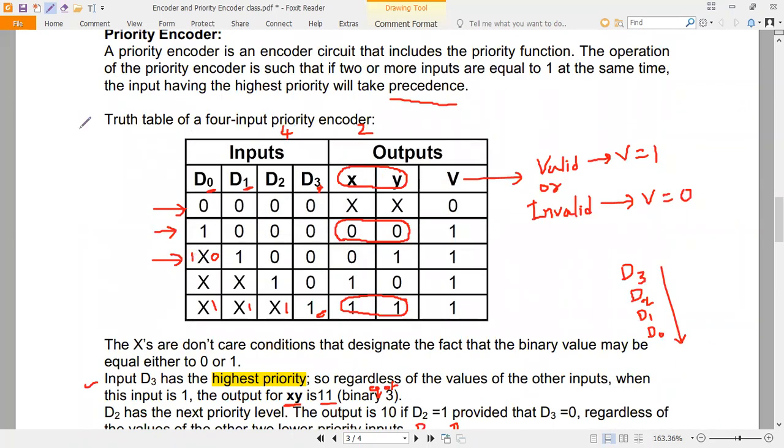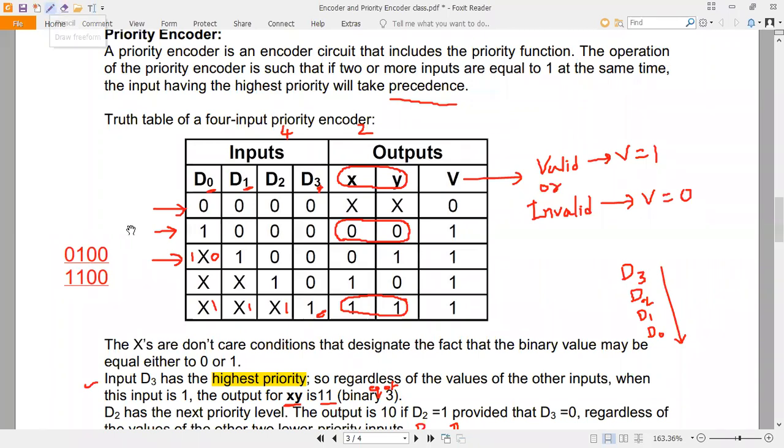Next, see here, very important one. What are the possible combinations? First, 0 0 1 0 0. Next, 1 1 0 0. If you treat x as 0, you are going to take 0 1 0 0.